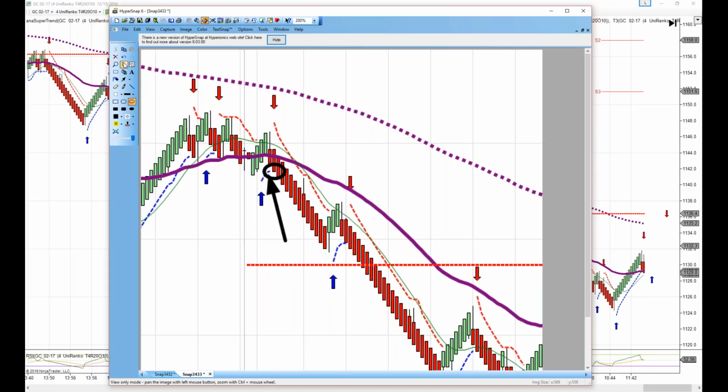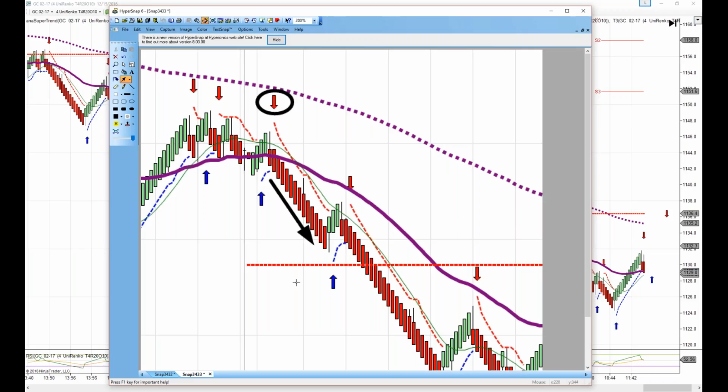When that happened, we received a red arrow, telling us, go ahead and sell this. So we had the opportunity to sell gold right in at this level right here, and from there, gold went down nicely.